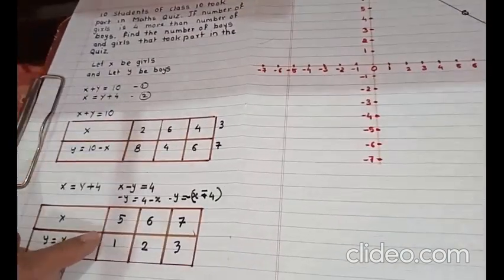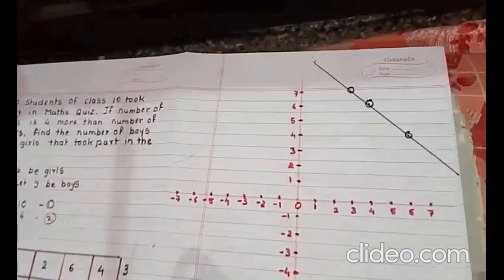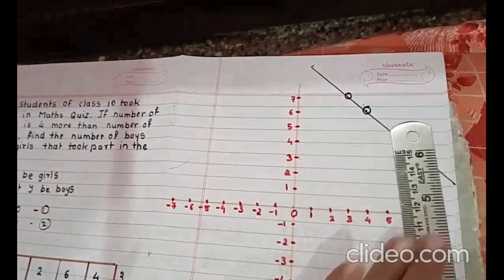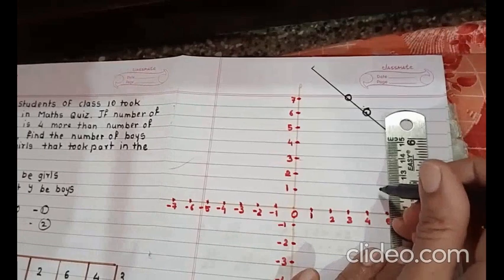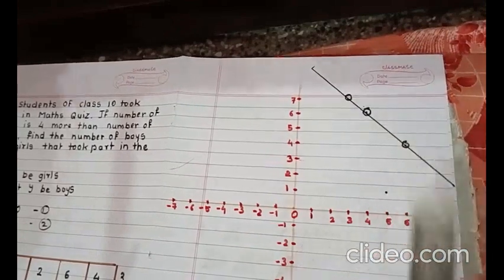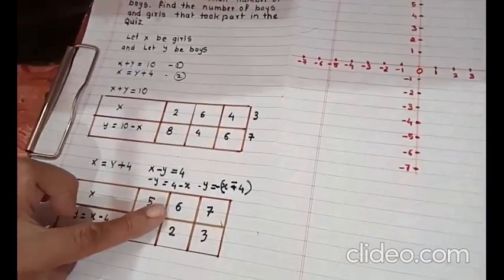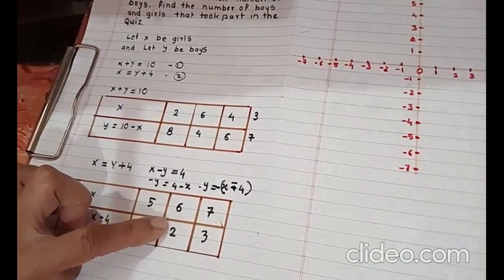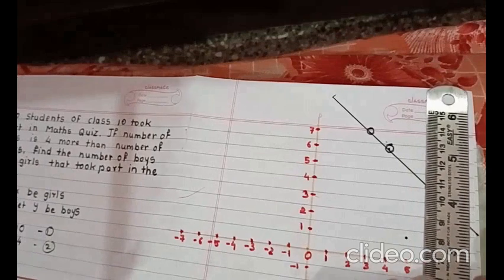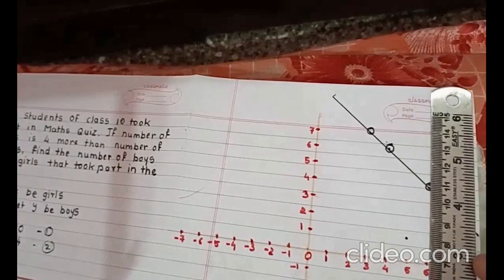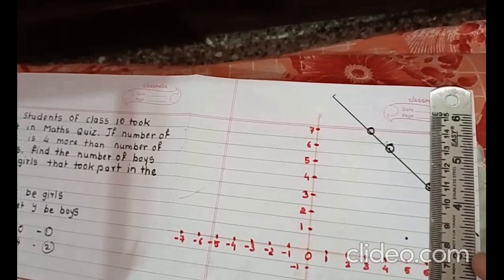Second equation, as you see here, we have 5, 1. So x will be 5 and y will be 1. I will mark the point here. Second point will be 6, 2. X 6 and y 2, and 7, 3. So here I will make the second point, x 6 and y 2.